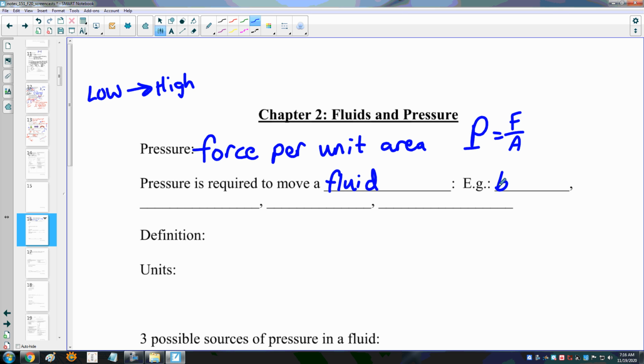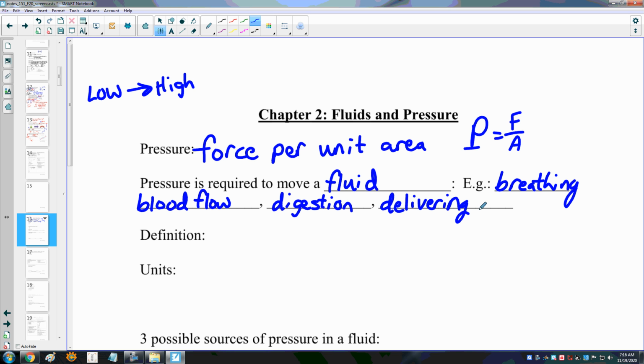Applications include breathing, blood flow in the circulatory system, digestion, delivering medicine. These are all topics that we'll talk about, and how we use pressure to move various fluids as related to the human body.